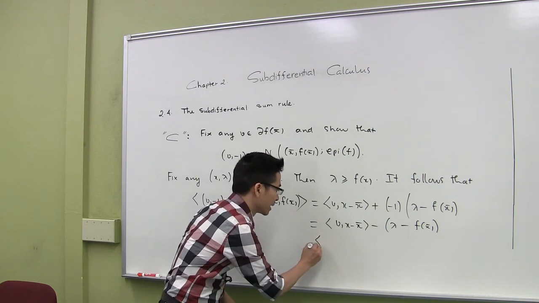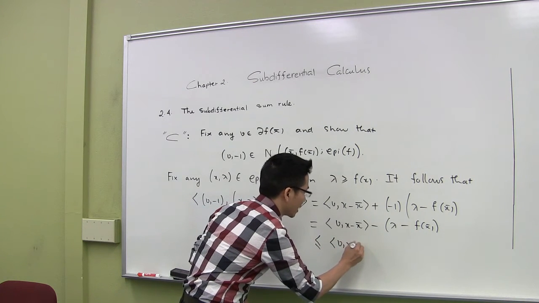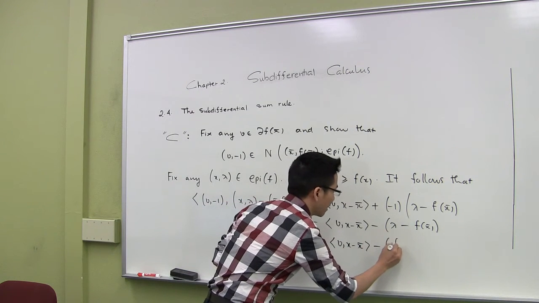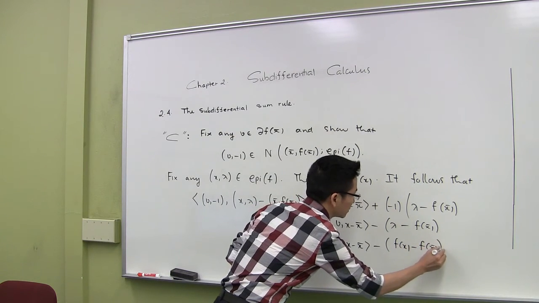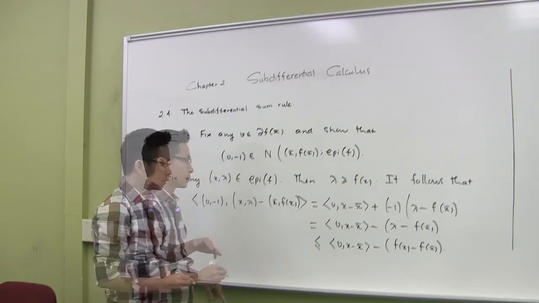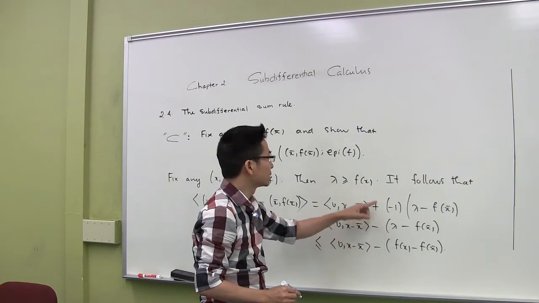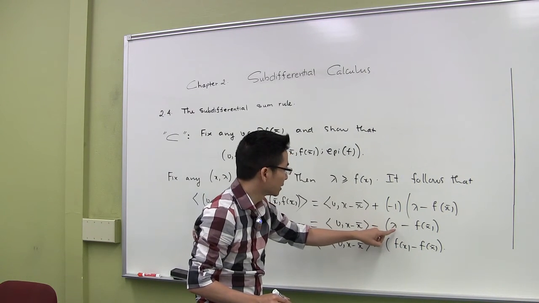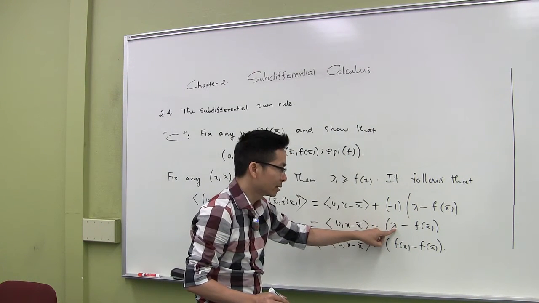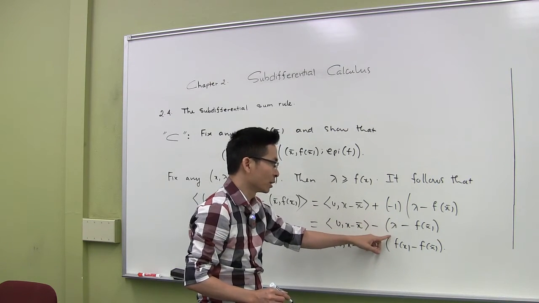Therefore, this is less than or equal to the inner product of v and x minus x bar minus (f(x) minus f(x bar)). From here to here is very obvious because lambda is greater than or equal to f(x). So here we subtract a greater number, so we have a number that is smaller.